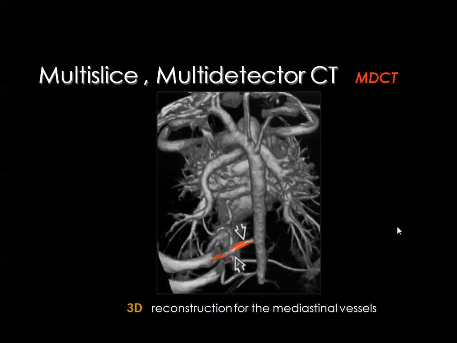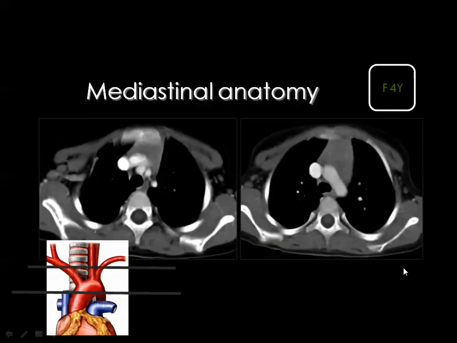You inject contrast media intravenously, then you scan the thorax at the time the contrast material is in the aorta, and this is a 3D reconstructed image showing a vessel coming from the aorta to a certain area in the lung, confirming the diagnosis of a sequestrated lung segment. I will discuss this in full detail during my talks on the pediatric chest.